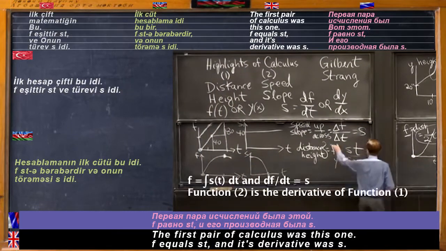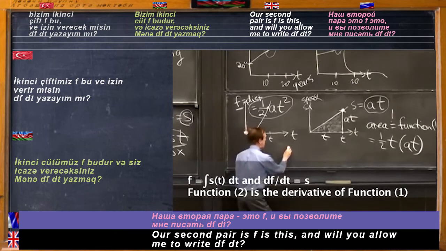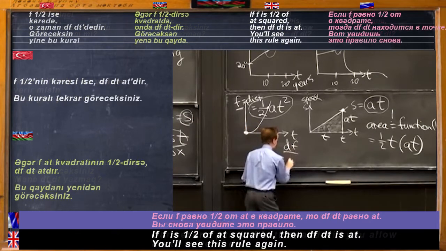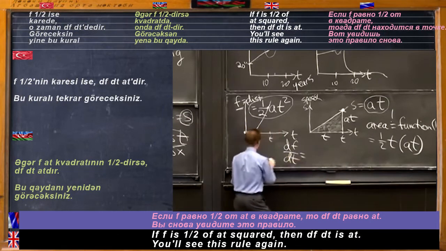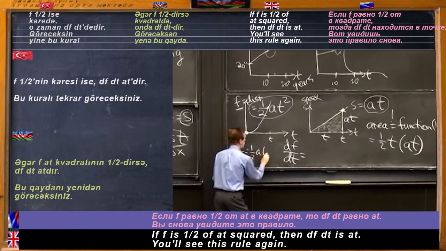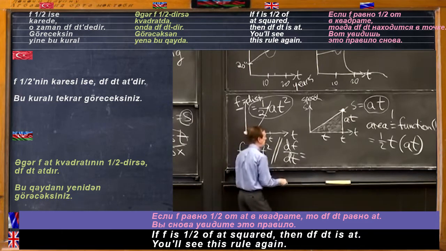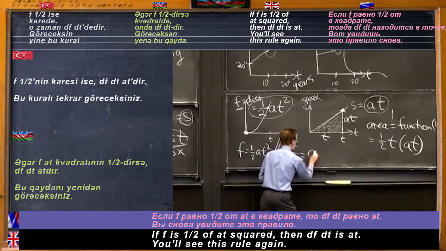Okay, so there you have the first, well, I'll say the second pair of calculus. The first pair was F equals ST, and its derivative was S. Our second pair is F is this, and will you allow me to write dF dt? If F is 1/2 of a t squared, then dF dt is a t.